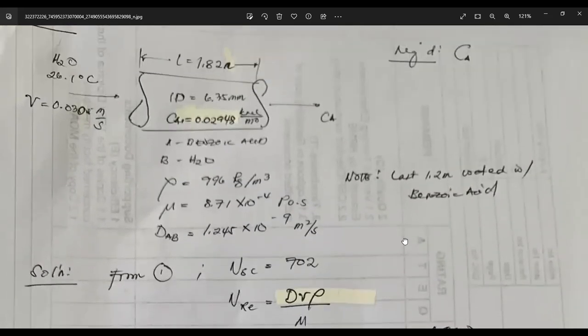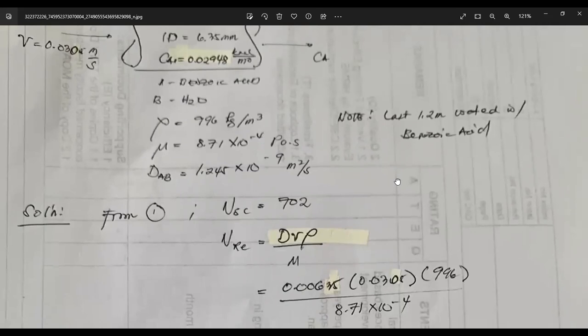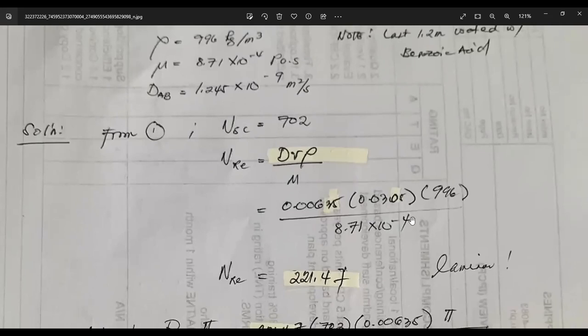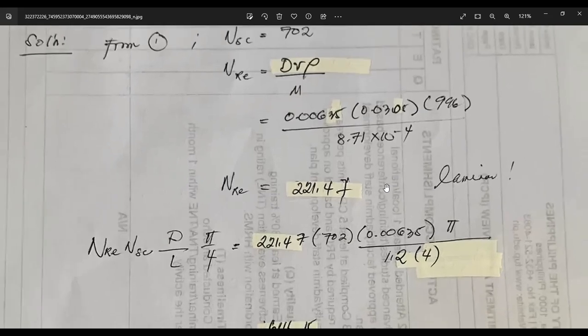Just convert the units to make them all dimensionally homogeneous, meaning they should agree. If it's SI, if it's in meters, all should be in meters. So your Reynolds number is 221.47. So the flow is laminar, and this is your formula for such.